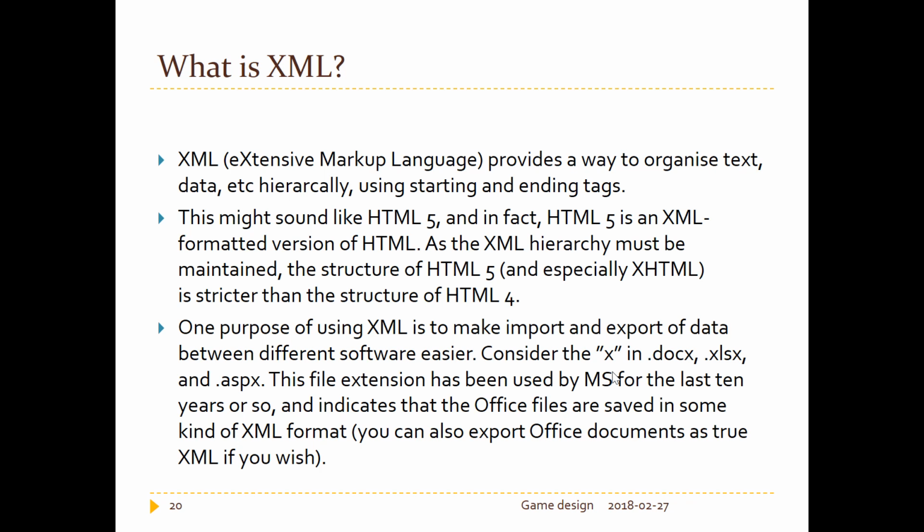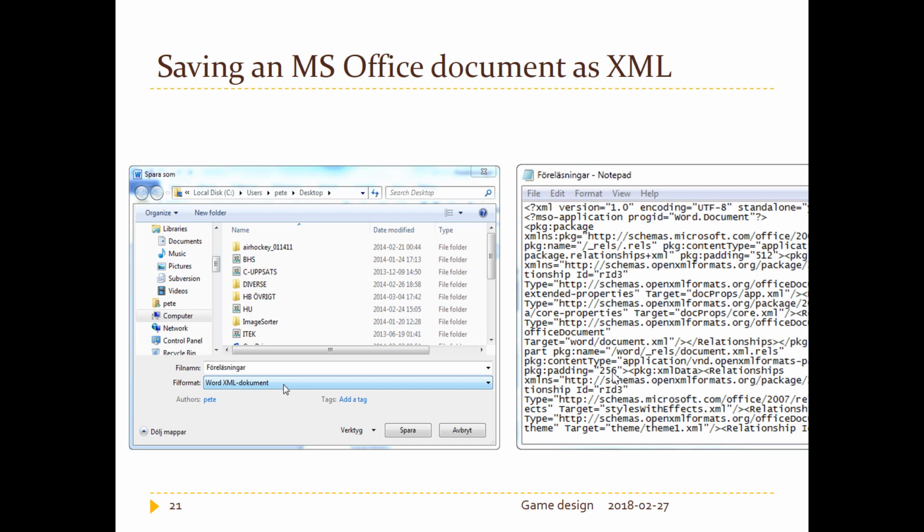One purpose of using XML is to make import and export of data between different software easier. So you have the X in docx, xlsx, aspx, and this X is the file extension that has been added by Microsoft to indicate that these files are saved in some kind of XML format. This means that you can save a Microsoft Office document, for example, as a true XML file.